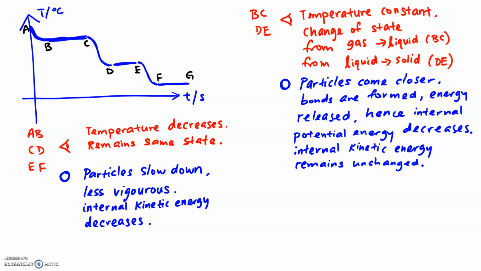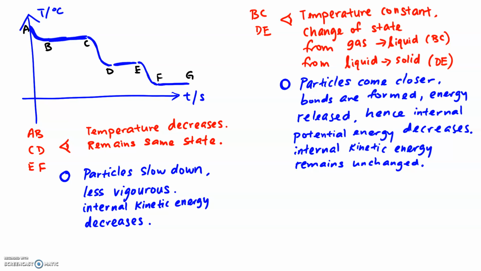Okay, so when they form bonds, internal potential energy decreases. Particles are closer together. Right, so you can relate it to gravitational potential energy. The further the distance between the particles, the higher the internal potential energy. The closer between the particles, the lower the internal potential energy of the particles. Alright, so take note that the internal kinetic energy at this point remains unchanged.